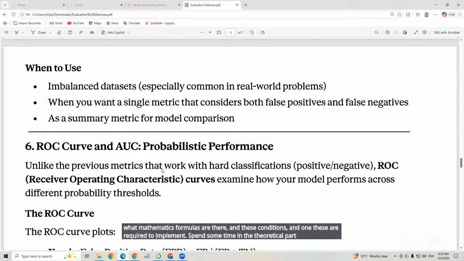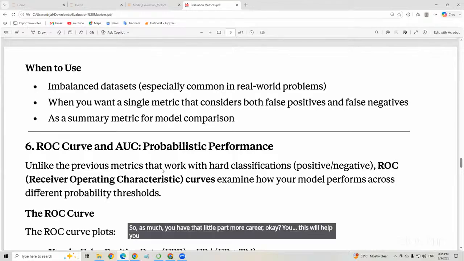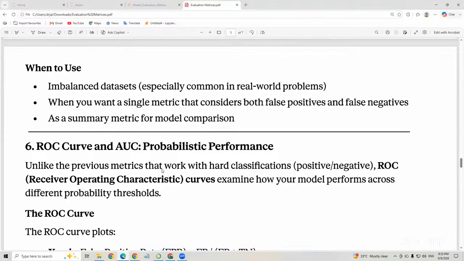The clearer the theory, the better your understanding and interpretation. Now next we have the ROC curve and AUC curve.